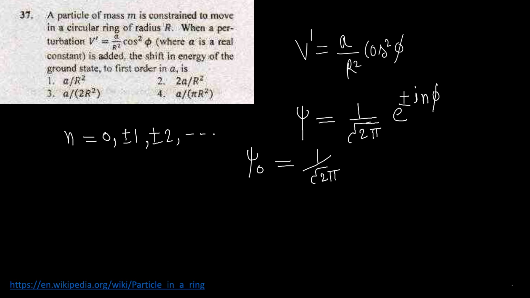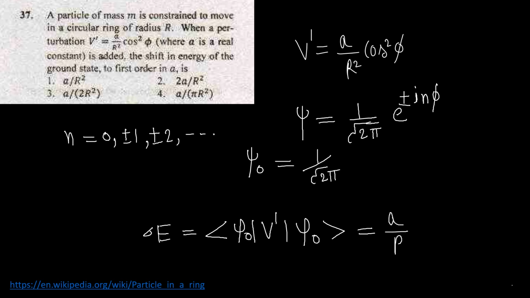Now how will we calculate the first order correction in the ground state energy? So that will be equal to the expectation value of the perturbation. So V dash is A upon R square, which is a constant. We are taking this out.